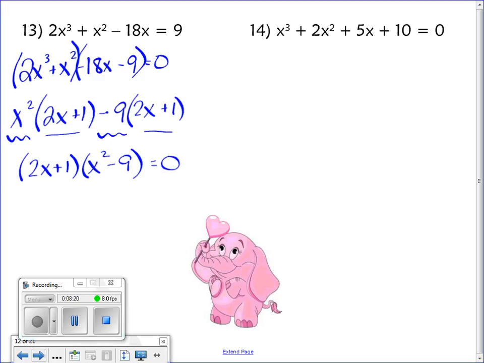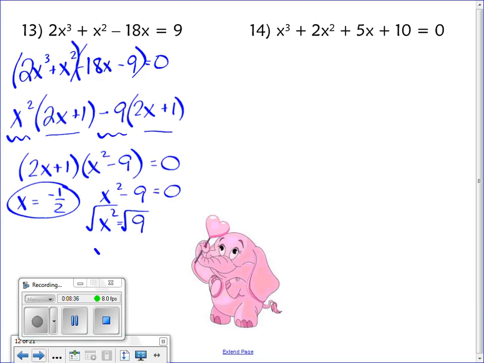We can solve from there. What's x equal here? This one we'll set equal to 0. Add 9. And then take the square root. So what does x equal? Good.